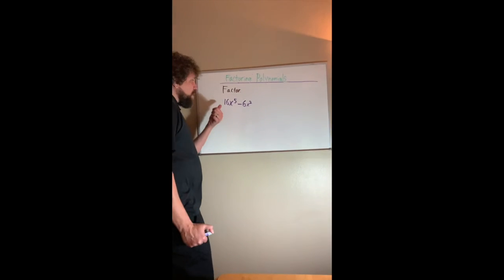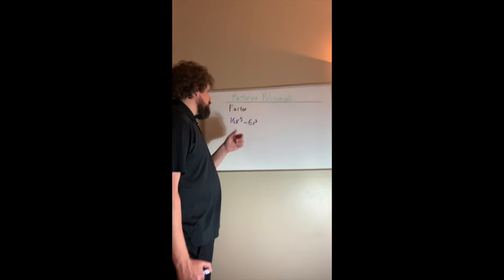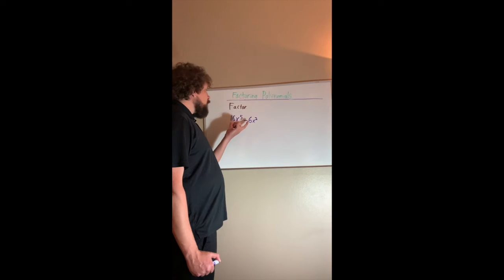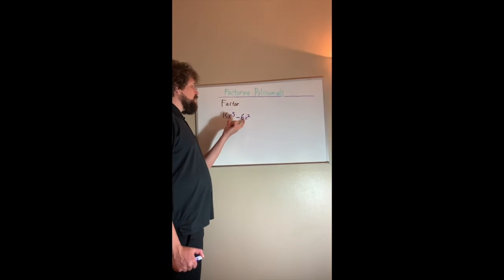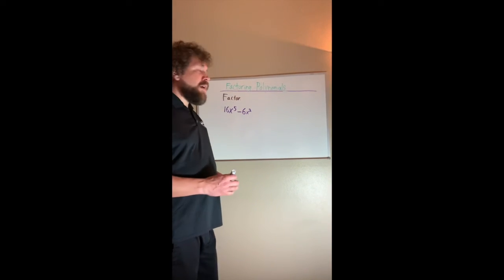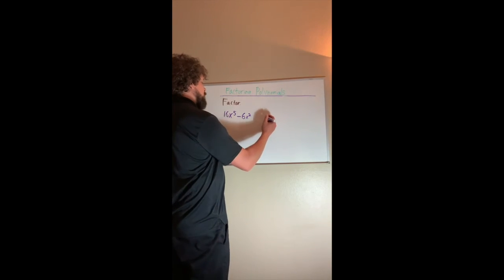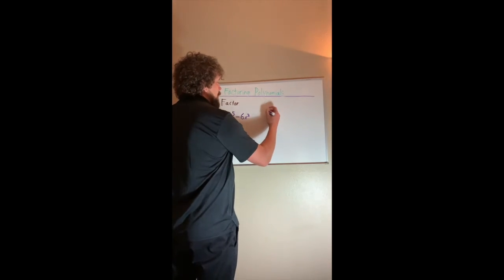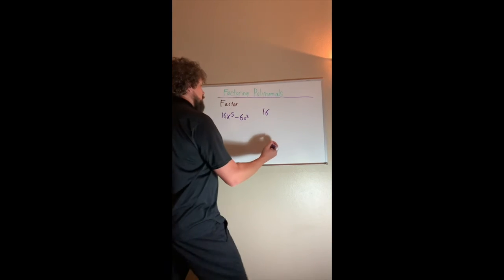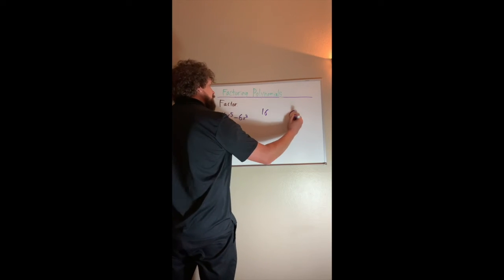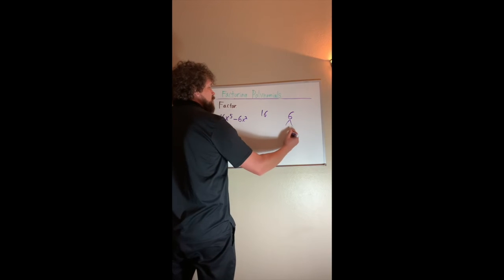Okay, so if we're gonna factor this polynomial that has coefficients and variables, maybe a shortcut we could use that you might like is just focusing on the numbers for right now. So 16 and 6, breaking that apart. Why don't I start with the smaller number?